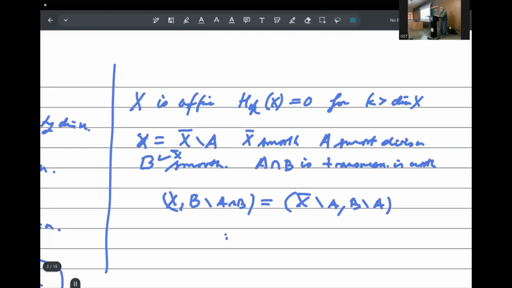So what is the long exact sequence? H^k of X bar minus A, right?